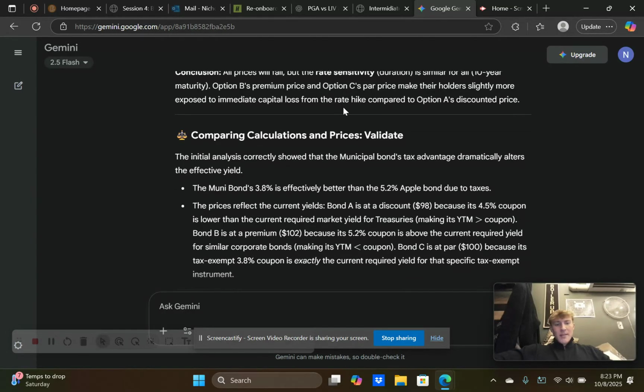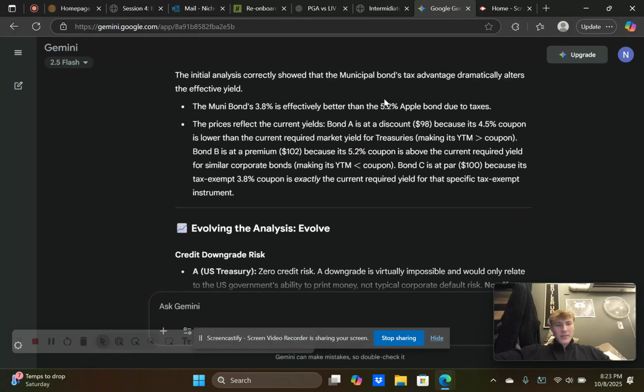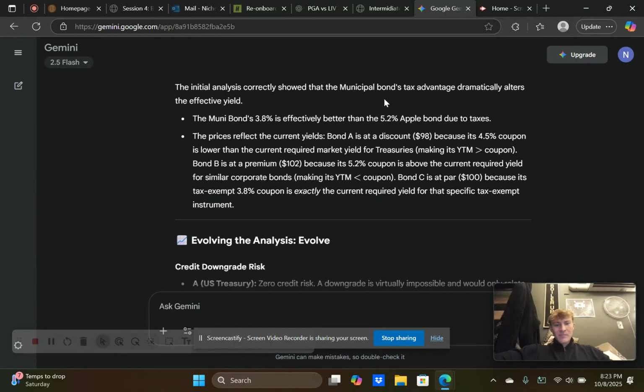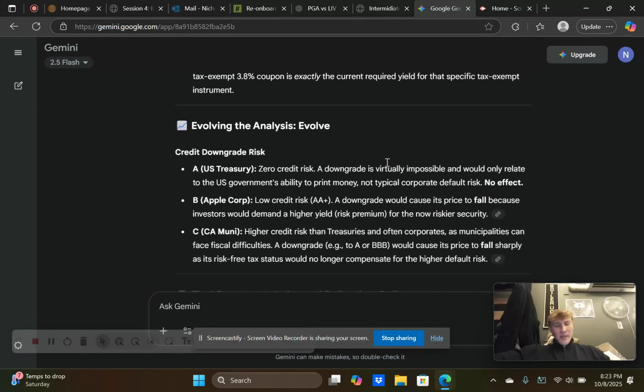But option A's discounted price will be slightly more exposed to immediate capital loss due to the spike in the volatility. And the muni bond, just another note, the muni bond's 3.8% is effectively better than the 5.2% Apple bond due to taxes, because the muni bond's not getting taxed.